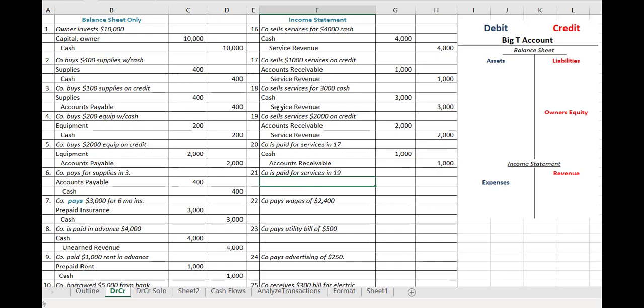Okay, now the company is paid for this transaction for number 19, the $2,000. It'd be just like the other one. So cash comes in, 2,000, and I'm going to decrease accounts receivable.